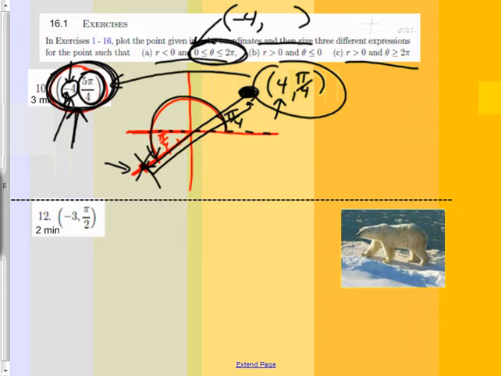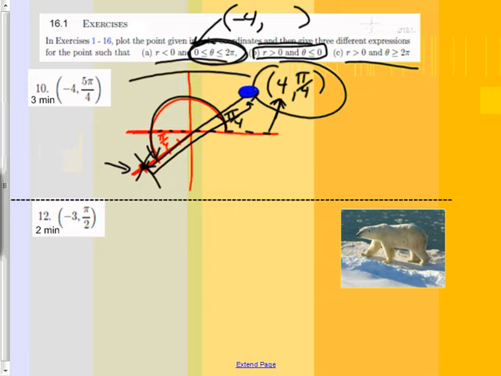Okay? Now for B, they want an R value that's positive. All right, that's kind of like this one. But they want an angle that's less than 0, as in a negative angle. All right, so to get this point right here, that's the point in question, this original point from right here, if we want to write it with a negative angle, how do I get here using a negative angle?